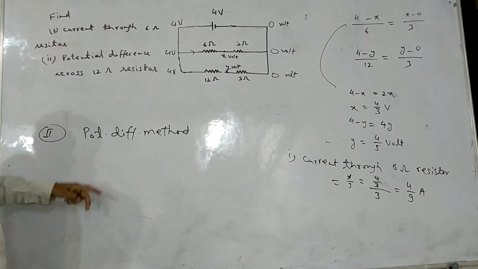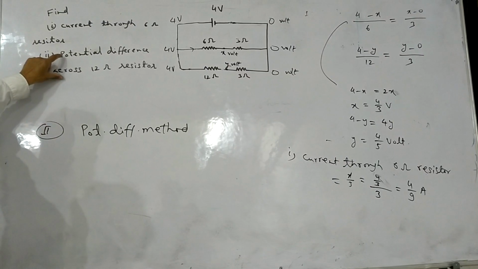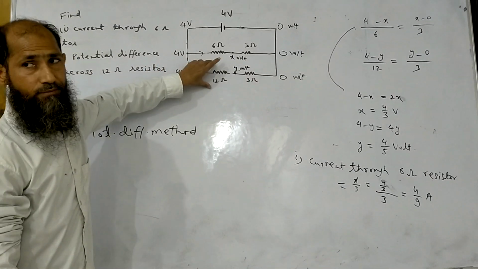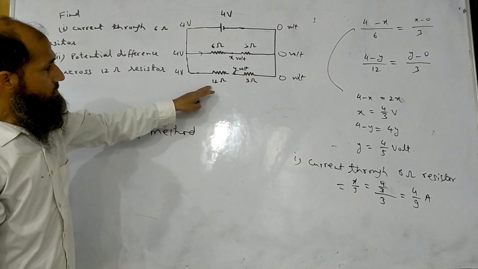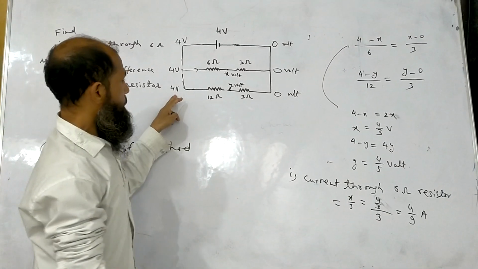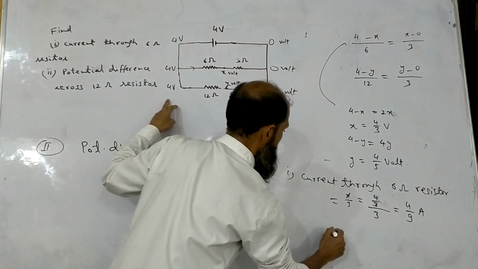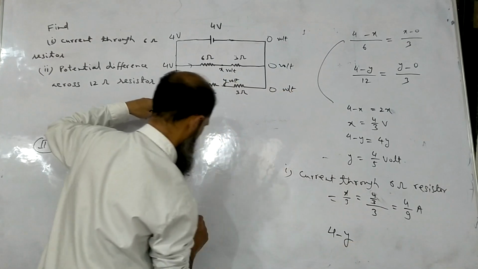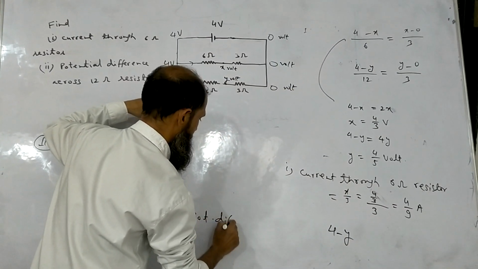Now the next one is the potential difference across the 12 ohm resistor, this one. The potential difference across this resistor will be 4 minus y.